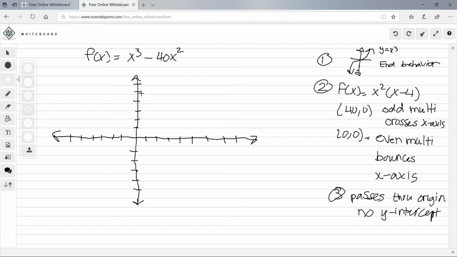Okay, so this one is not going to be hard to graph. Our first one is (0, 0). That's one of our x-intercepts, where it passes through the origin. And the other one is 40, not 4, sorry. So we'll call this 40.